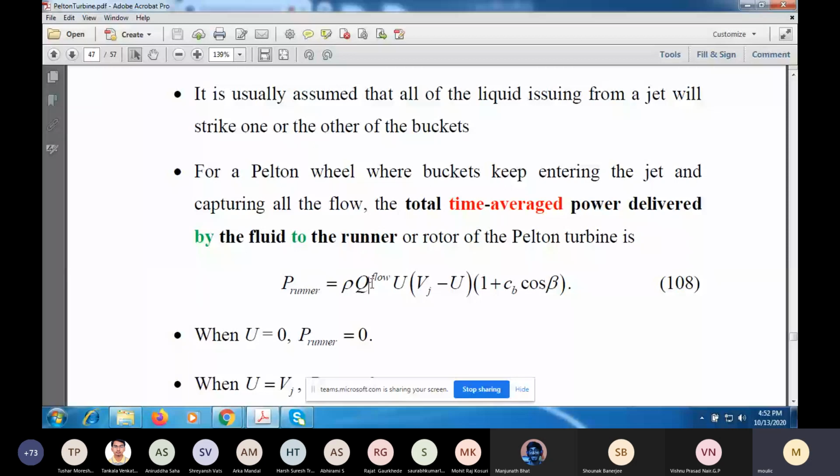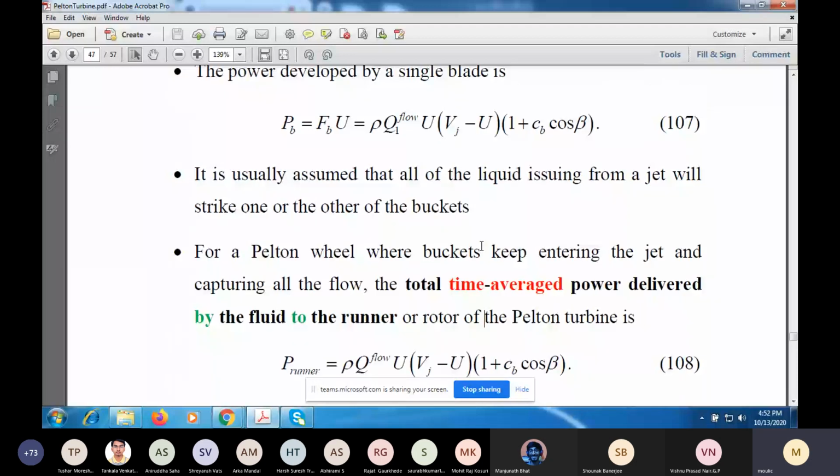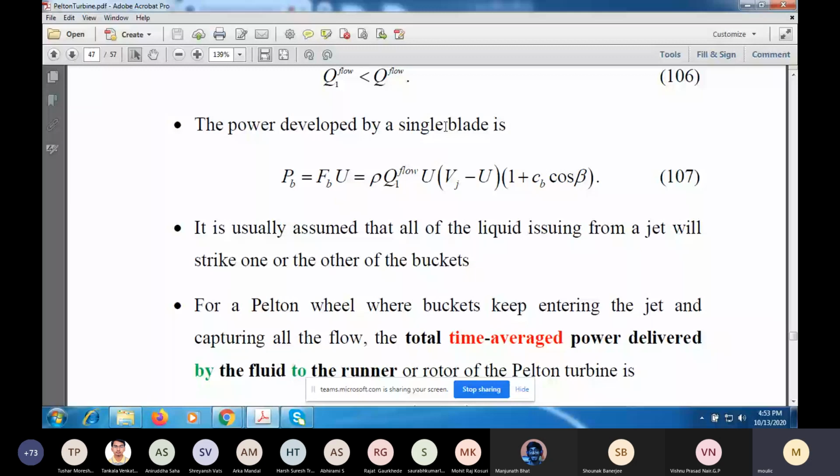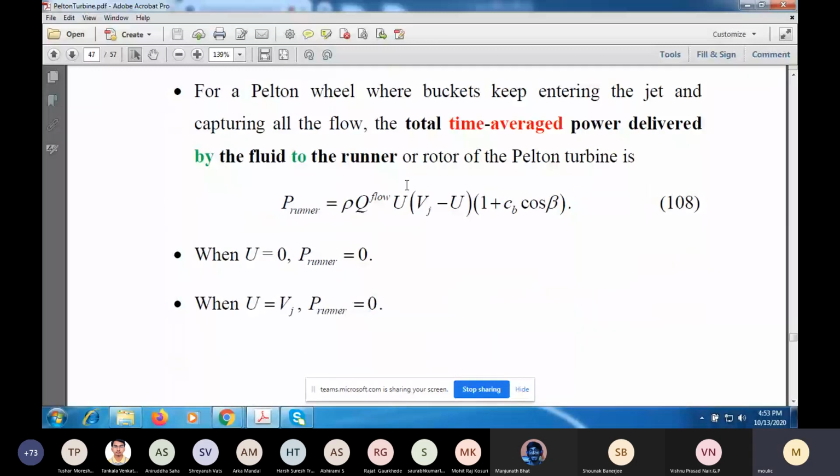Look at any undergraduate fluid mechanics textbook. They have a chapter on fluid machinery, and the power developed by the Pelton turbine or Pelton wheel is given by an expression of this form. Some of the authors do not give the justification. When you do a rigorous analysis for a single blade, you see it is Q1, but they simply write the total flow rate here.